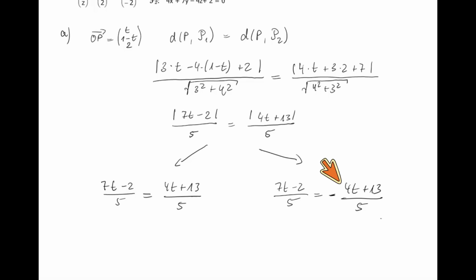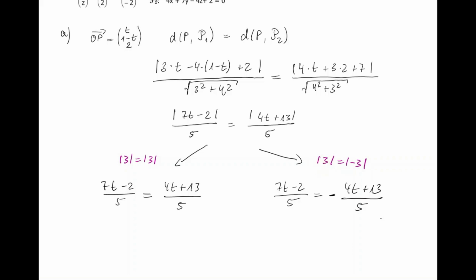The other case can happen that one absolute value has the exact opposite sign of the other one, and I'm stating 7t minus 2 equals negative what is in the other absolute value. So on this side I'm stating that two absolute values are equal if the inside is equal, and here I'm saying basically two absolute values are equal if their inside has opposite signs but the same amount.